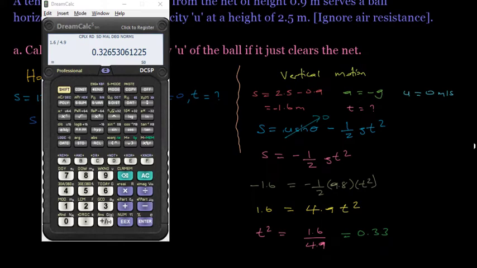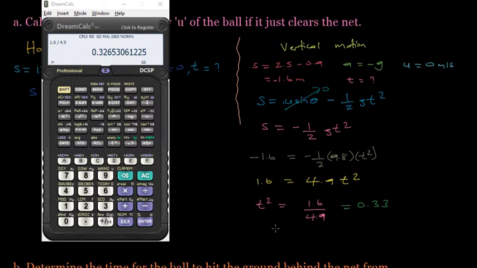We're trying to find t. We just found that t squared is 0.33. So to find t, we just take the square root. So t would be equal to the square root of 0.33, which works out to be 0.57, written to two sig figs, 0.57 seconds.